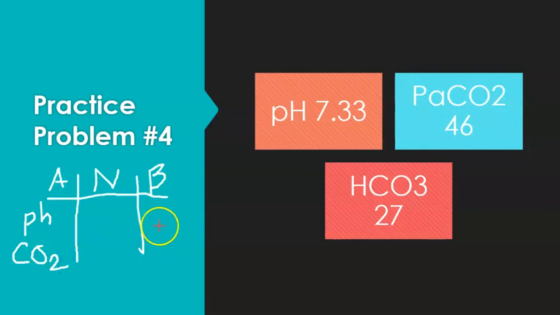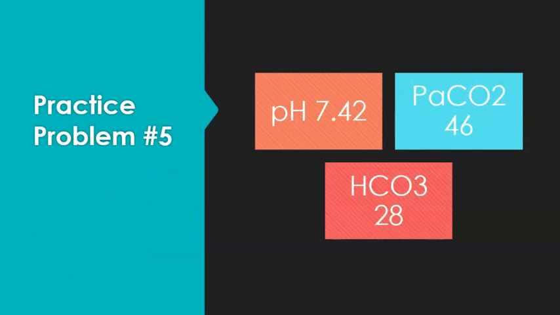And then we have a bicarb of 27, which is alkalotic. So now we can identify this process as a respiratory acidosis with partial compensation because our bicarb and our CO2, or the respiratory and the metabolic component, are opposite of each other, but our pH is still out of balance.